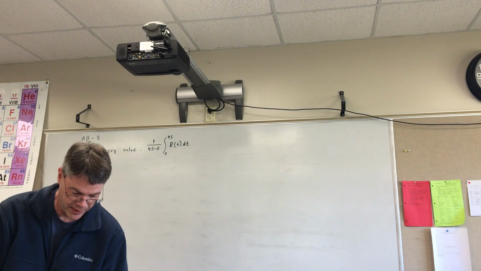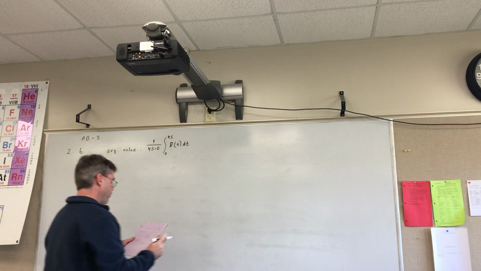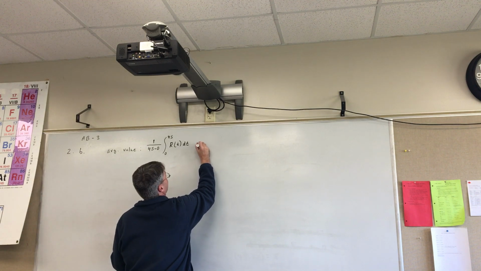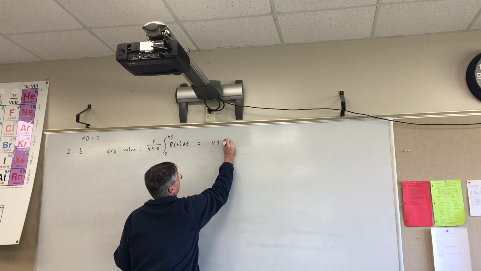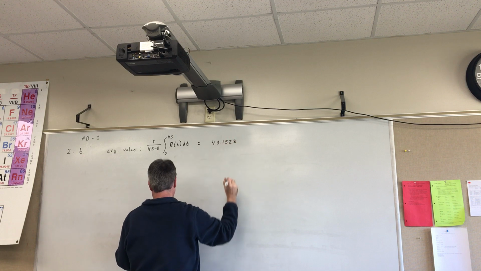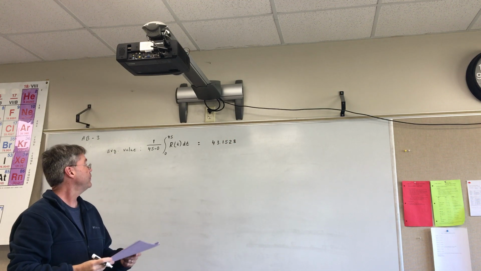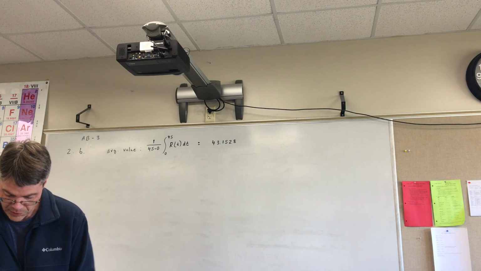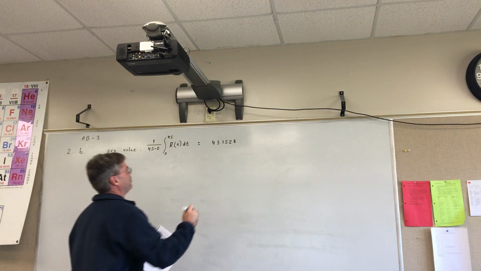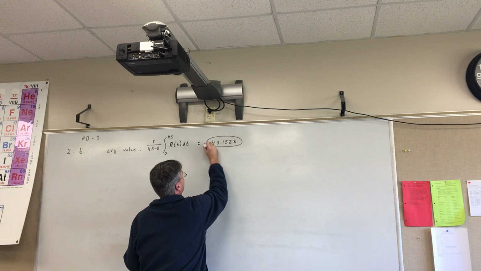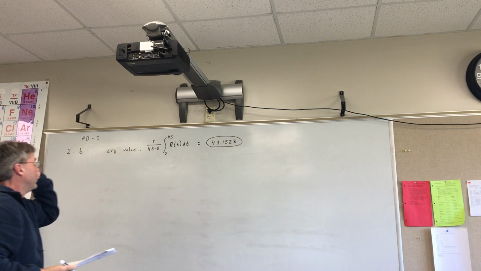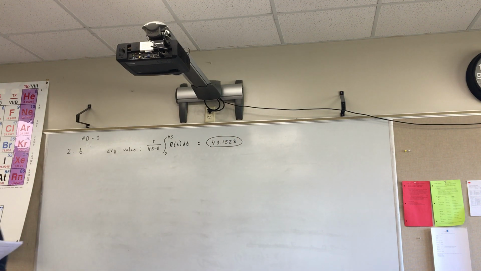And when you do that, you'll get 43.1528. Okay? So, you know, you want to go out at least 3 decimal places. I went out 4 on this one. But once again, one of those average value formulas. Okay, so 43.1528 average number of new cases per day over that period.